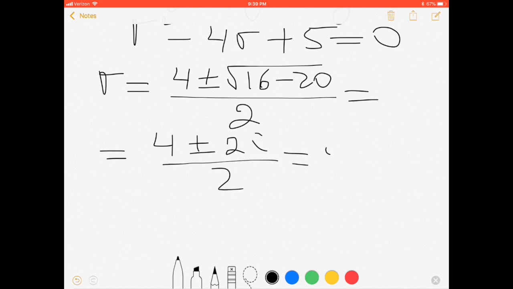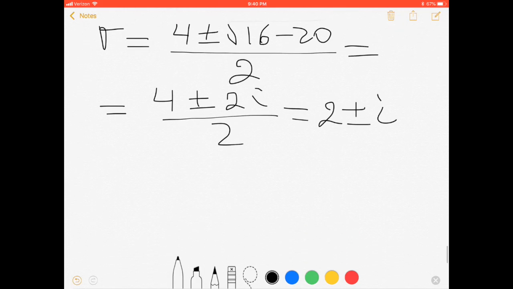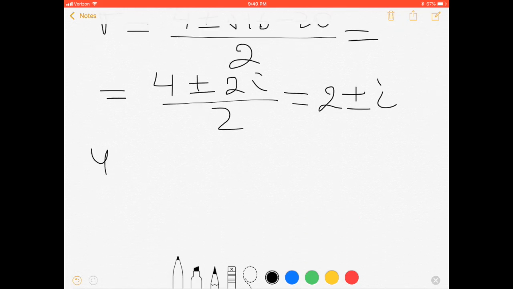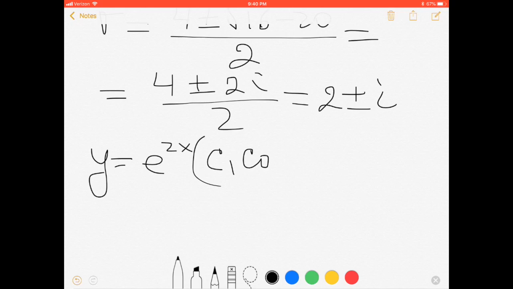In standard form, it will be 2 plus minus i. This means our general solution will be e to the power 2x times c1 cosine x plus c2 sine x.